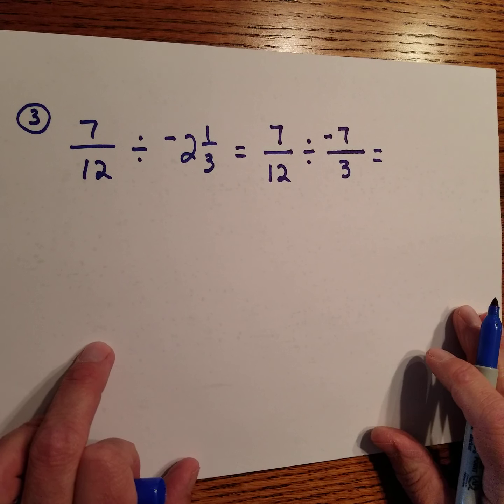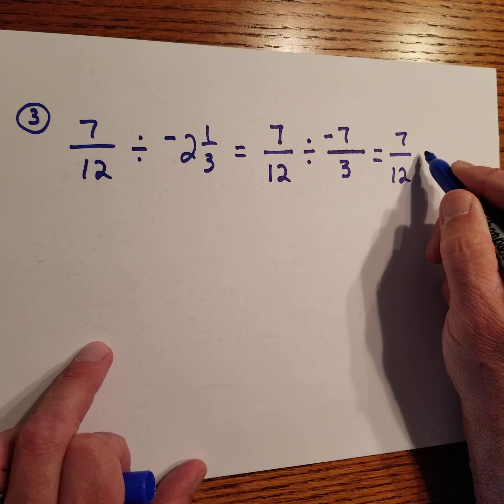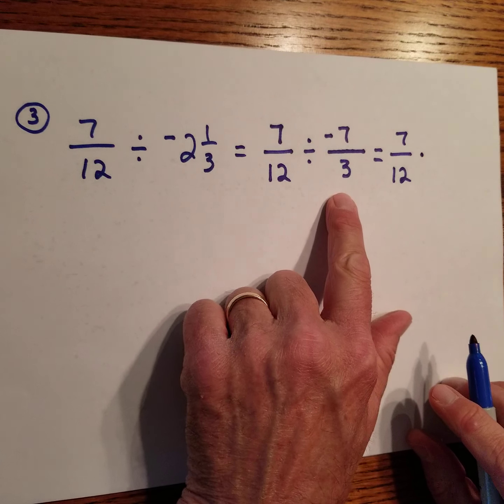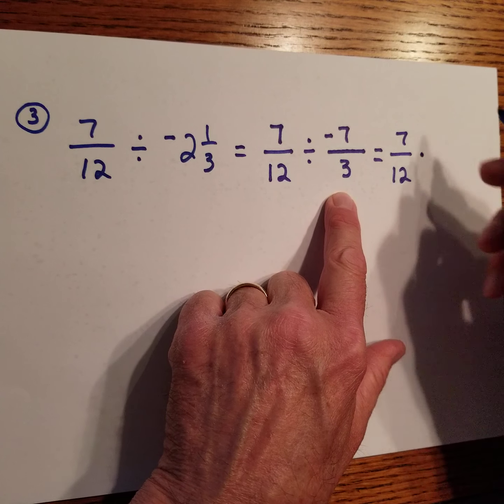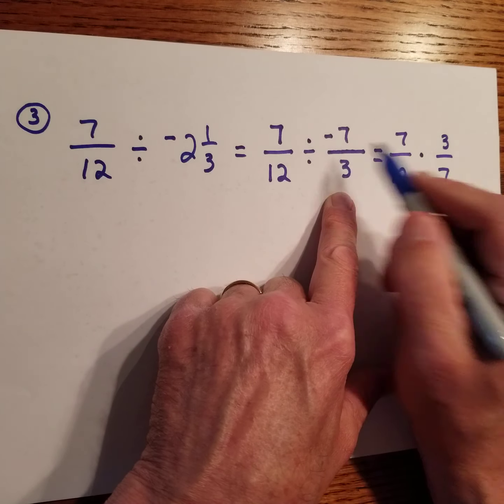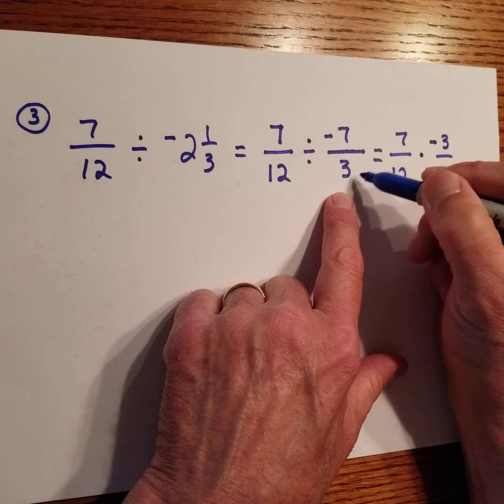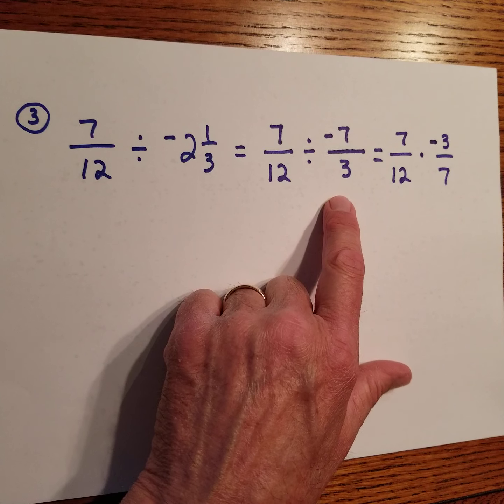Now we change division into multiplication by taking the reciprocal of the second fraction. Instead of 7 over 3, we'll have 3 over 7. And don't lose the negative.